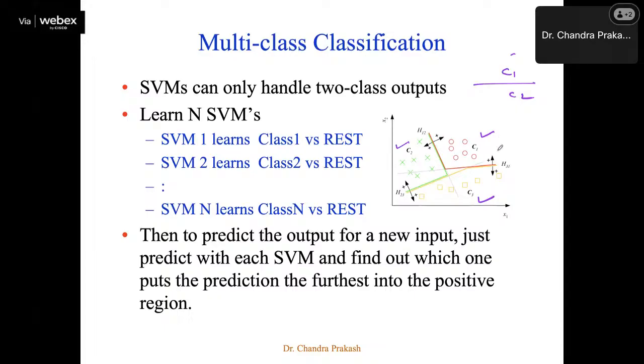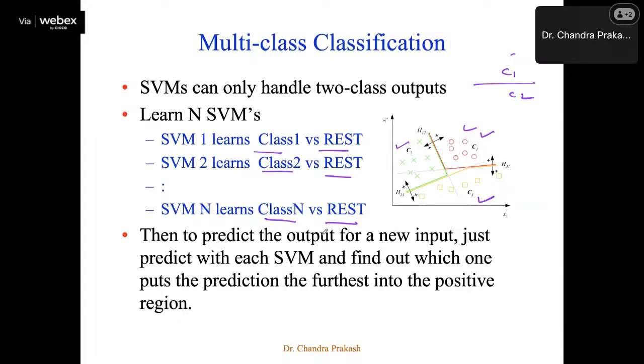But if I have multiple classes, I can consider C1 against all the rest. We come up with a kernel that learns the separation between class 1 and the rest, similarly class 2 and the rest, class 3 and the rest, and likewise. In this way, it can be used for handling multi-class classification.